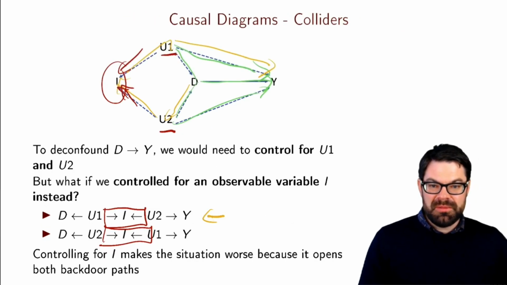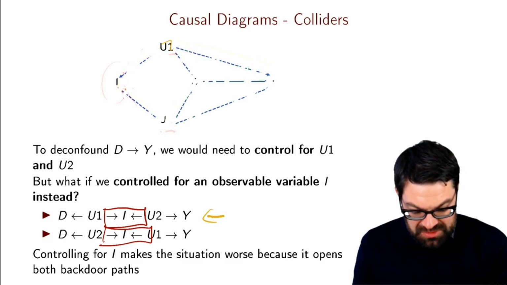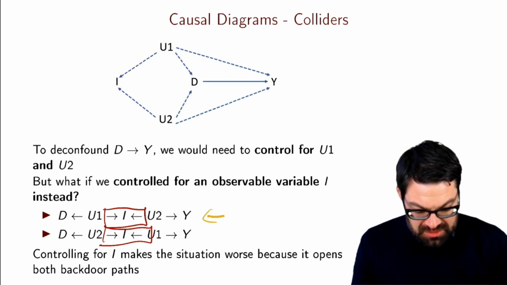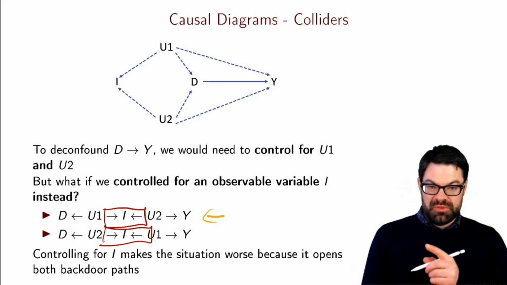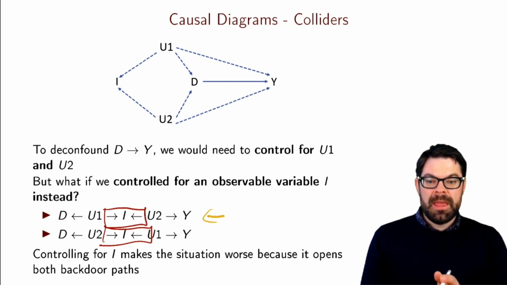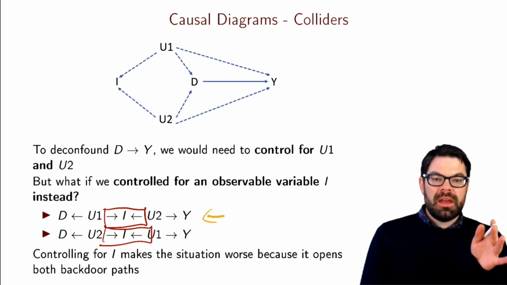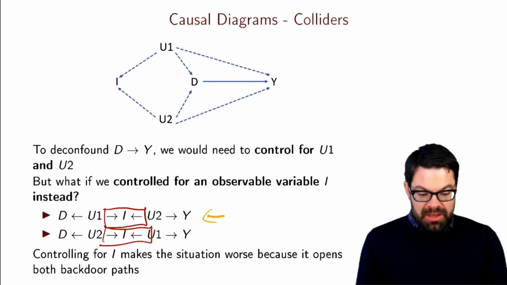So we say that, let me just tidy this up a little bit, those two backdoor paths that you see here are closed because there's a collider on them. They're closed. Okay. And you can also see this here in the graph.